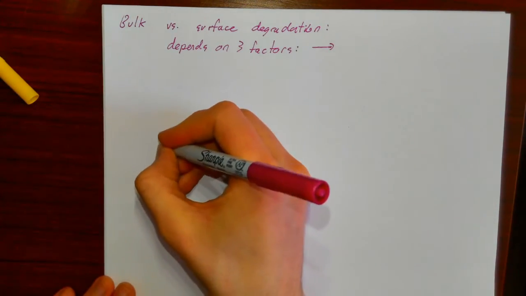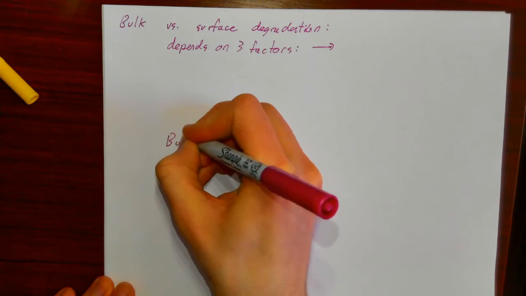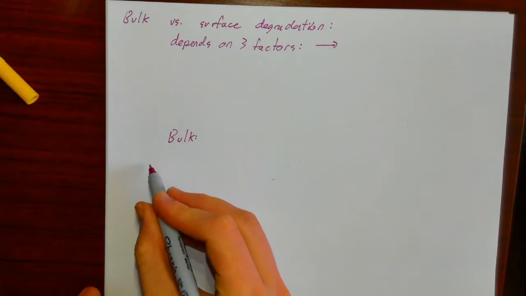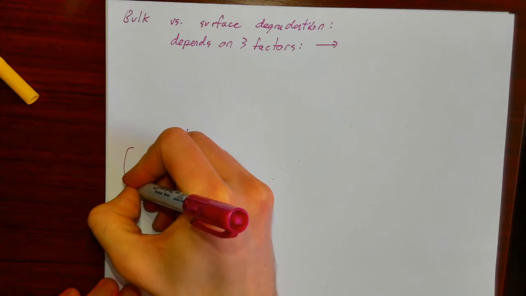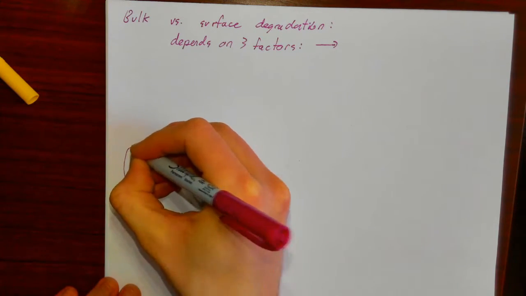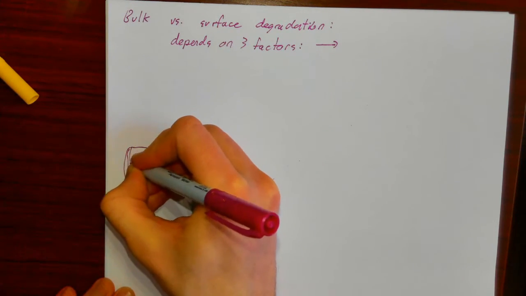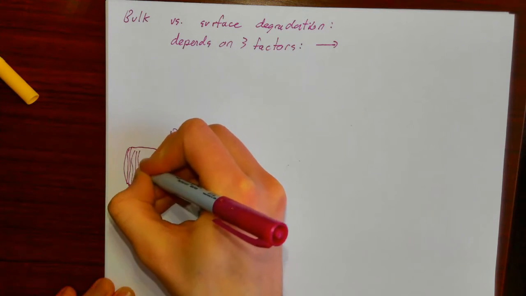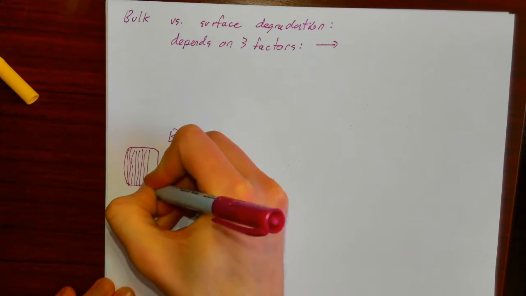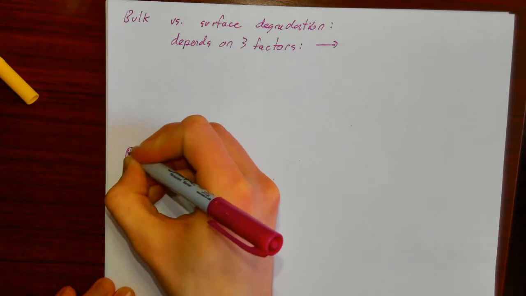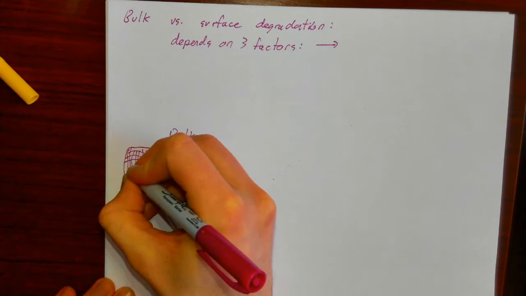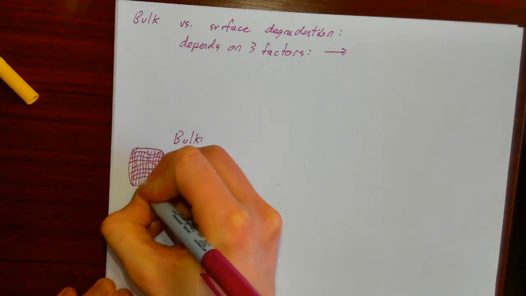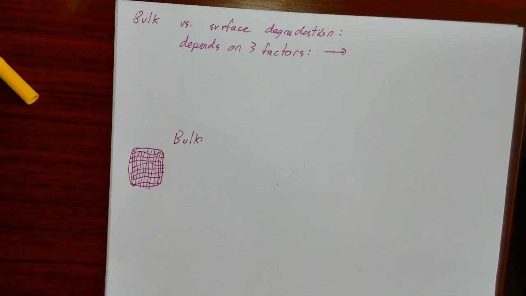If we talk about bulk degradation, what does bulk degradation look like? Well, imagine I have some blob, some polymeric device, and initially I have a ton of polymer chains that make it up.